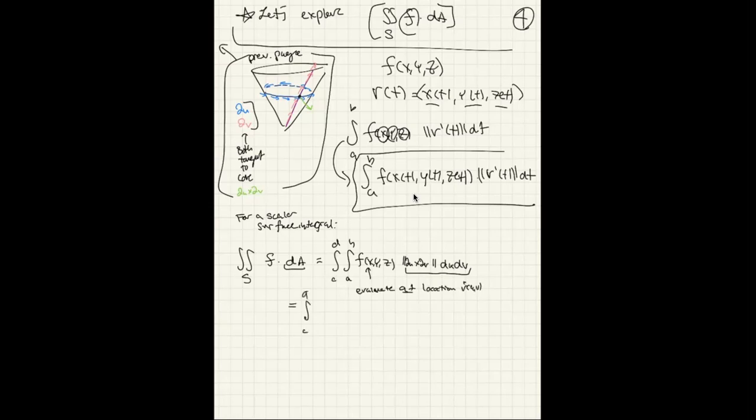So c to d, a to b, f of x of u v, y of u v, z of u v. This looks like a total mess, but in our example, it won't be so bad. My f won't be so crazy. du dv, and that is your recipe booklet for how to set up and evaluate a scalar surface integral.